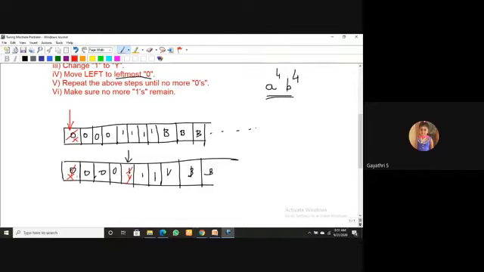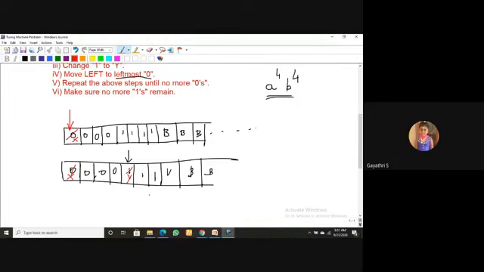Once you reach x, please be very careful and listen: the first 0 is to the right of that x. This is very helpful for drawing the transition diagram. So how do you identify the leftmost 0? First, you move one step at a time.